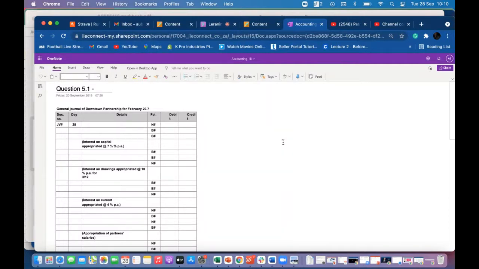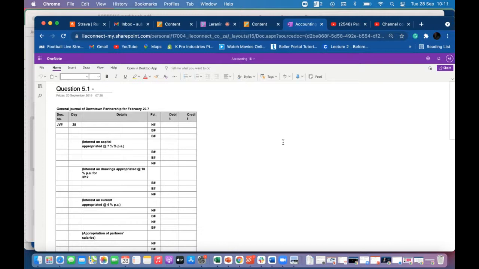So flip the page back. The following information was obtained from the records of Downtown Partnership, a partnership with two partners, Mrs. Down and Mr. Town. The financial year of the partnership ends 28 February annually. Abbreviated trial balance of Downtown Partnership on 28 February 2007.